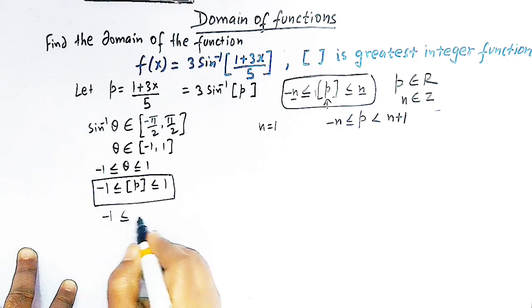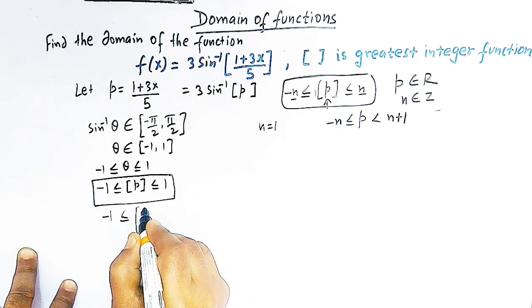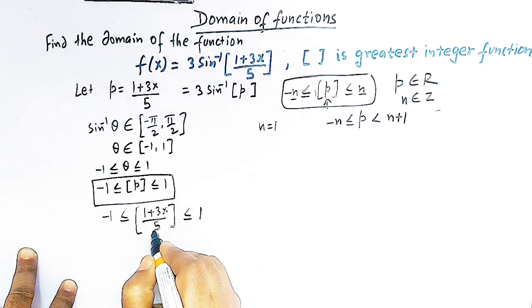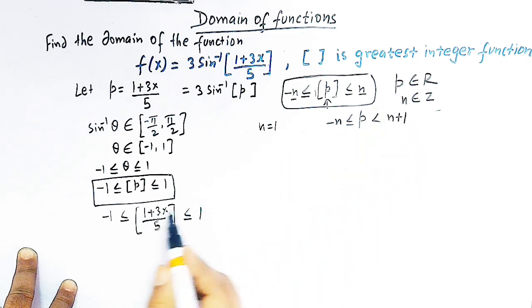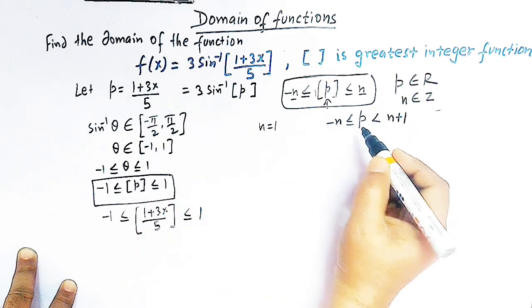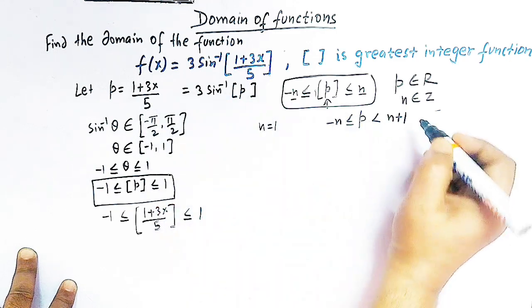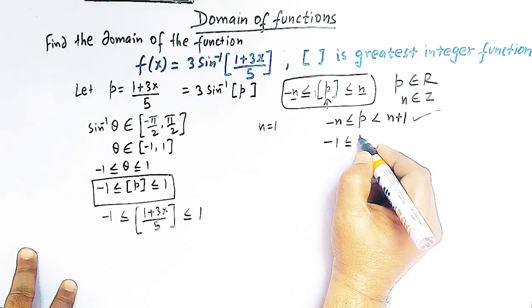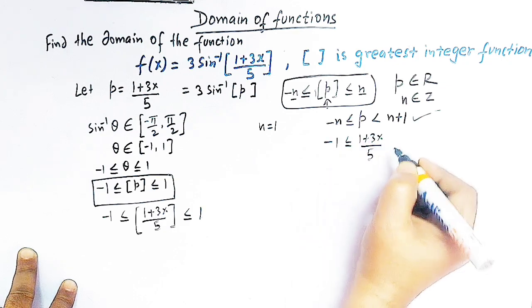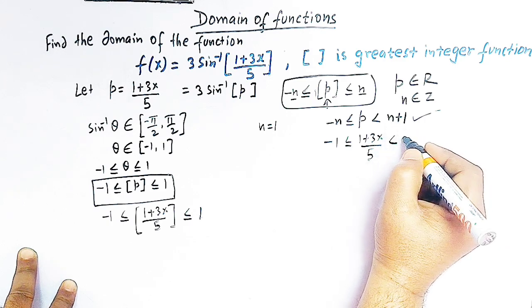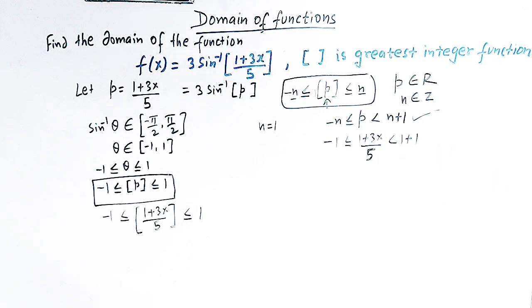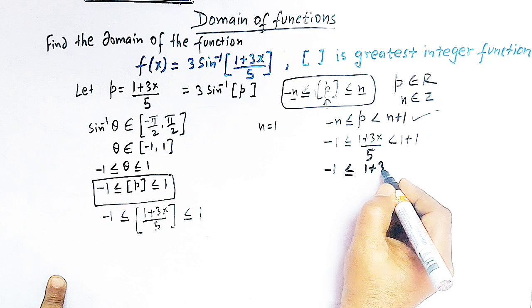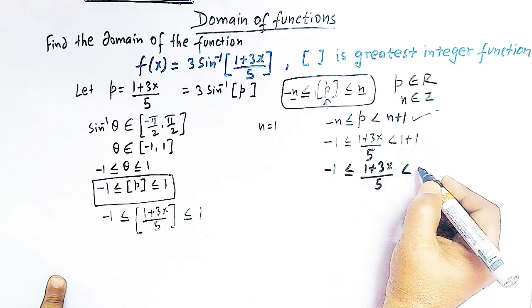So we have minus 1 less than or equal to 1 plus 3x over 5, less than n plus 1, that is 1 plus 1, which is 2.